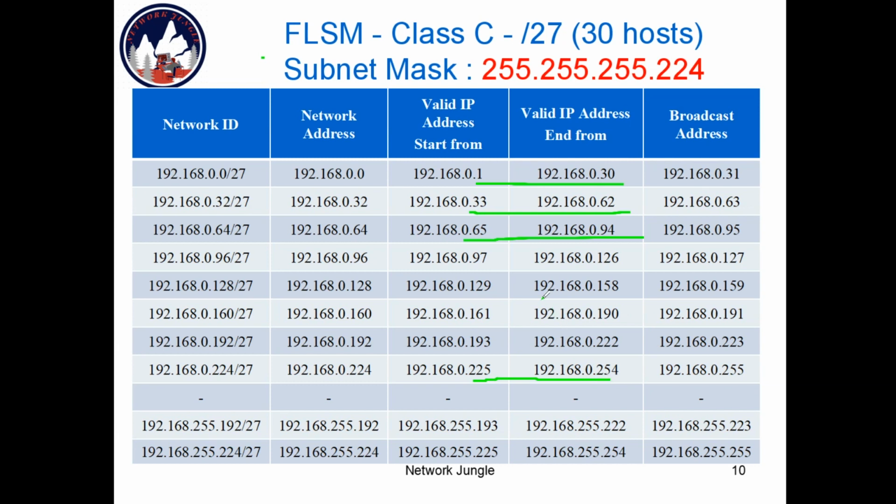So that is the valid IP range for the entire class C private IP address. The last valid network segment is 192.168.255.224/27. So 225 to 254 are the valid IP addresses, and the last one is the broadcast address.